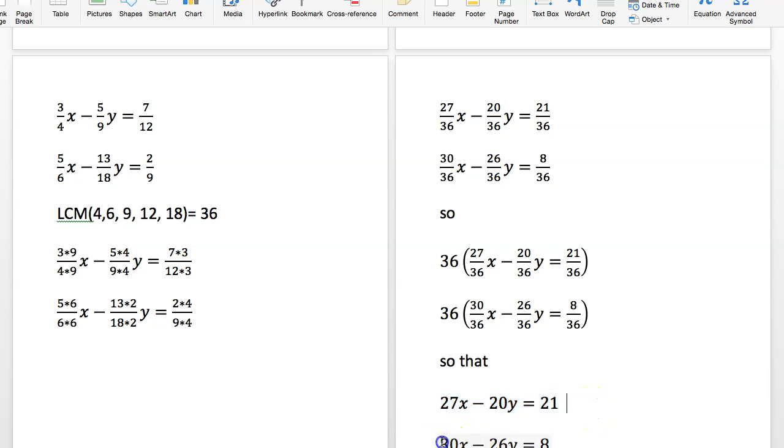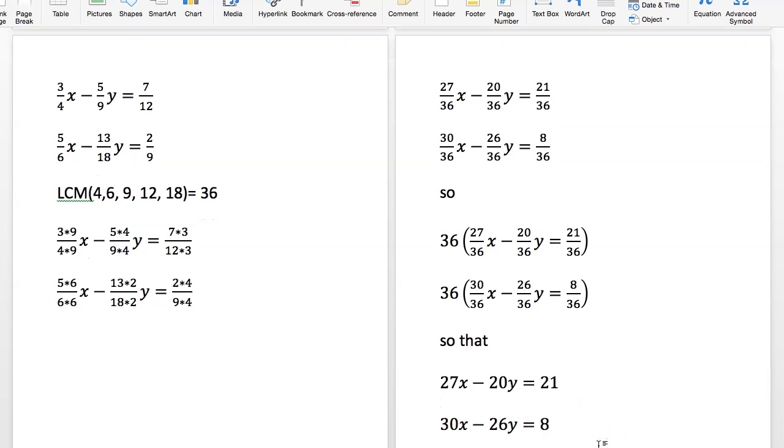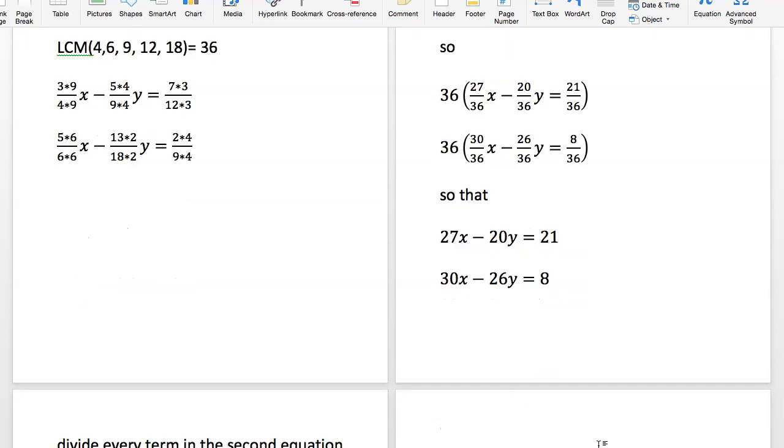Now, we can divide everybody by 2 in this one, though, because everybody's even. So divide every term in the second equation by 2.